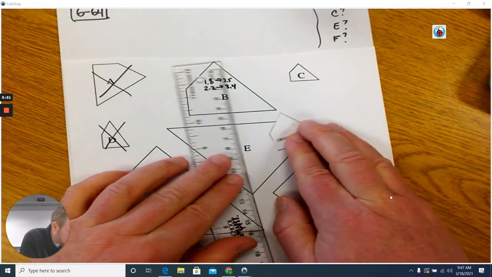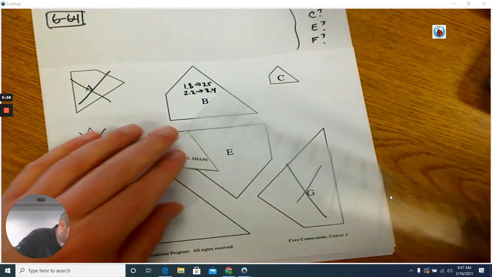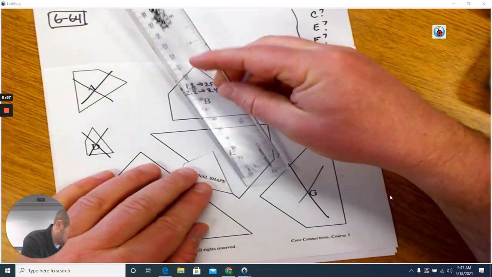And in the end, it simply comes down to if the ratios are the same. Is there a multiplier?